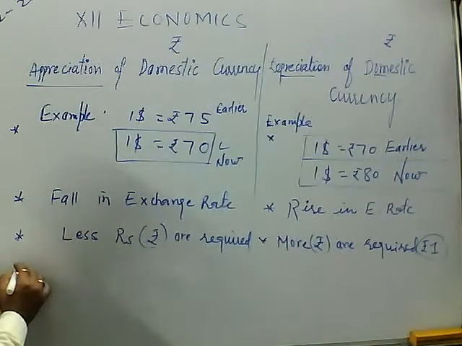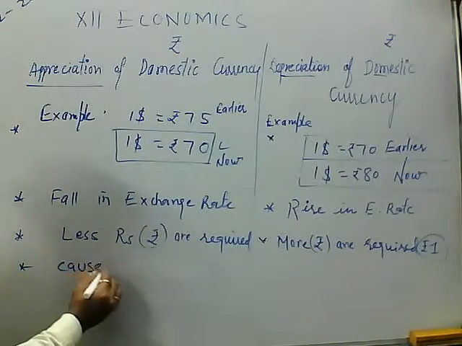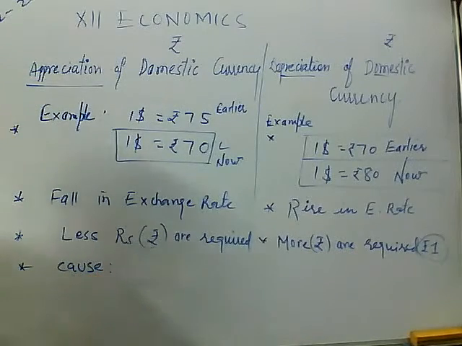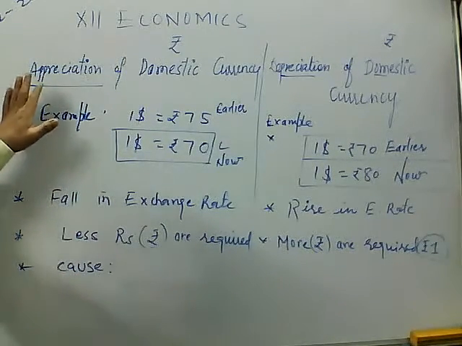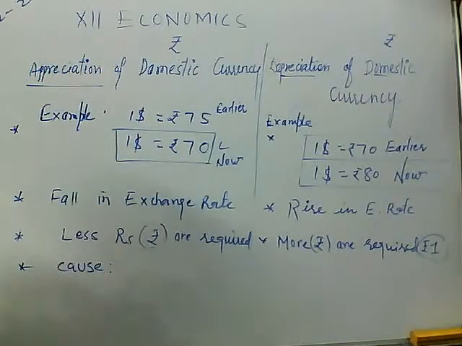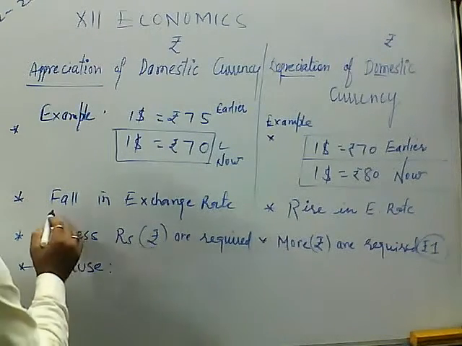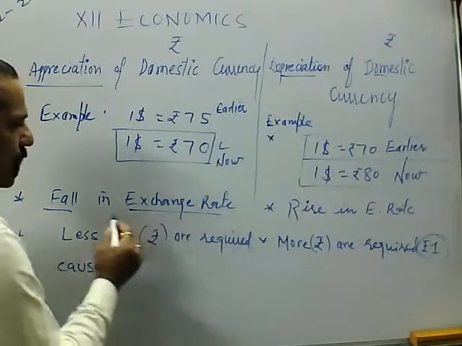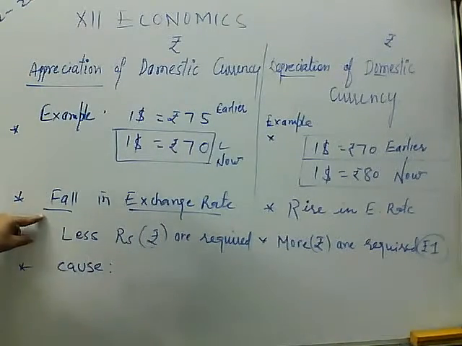Then next point, cause. That is related to cause. So here increase in the supply of foreign exchange or decrease in the demand for foreign exchange causes a fall in the exchange rate, see point number 2.